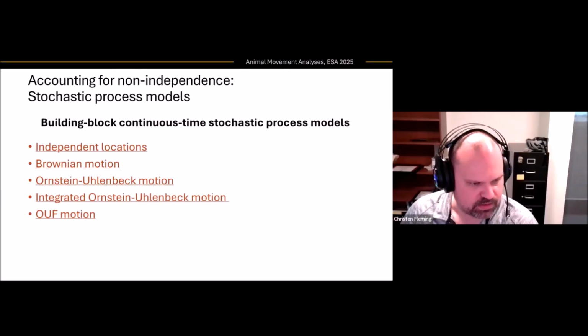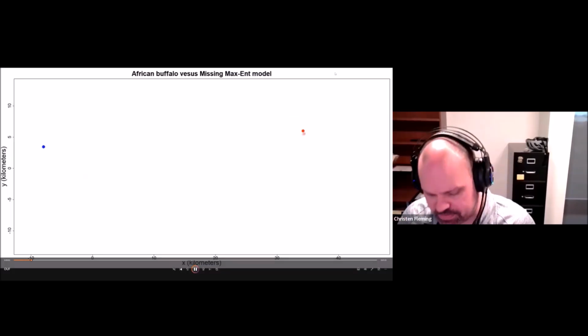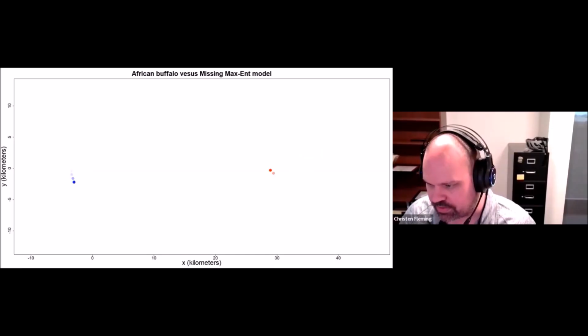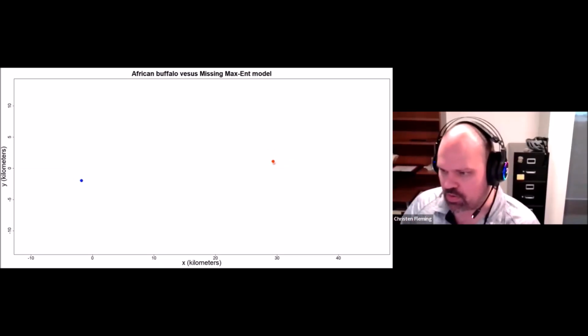And then the last model we'll talk about in our model selection combines the features of the Ornstein-Uhlenbeck process and the integrated Ornstein-Uhlenbeck process, which is a model that has persistence of motion. So you can use this model to estimate speeds and distance traveled, but it also has a home range.